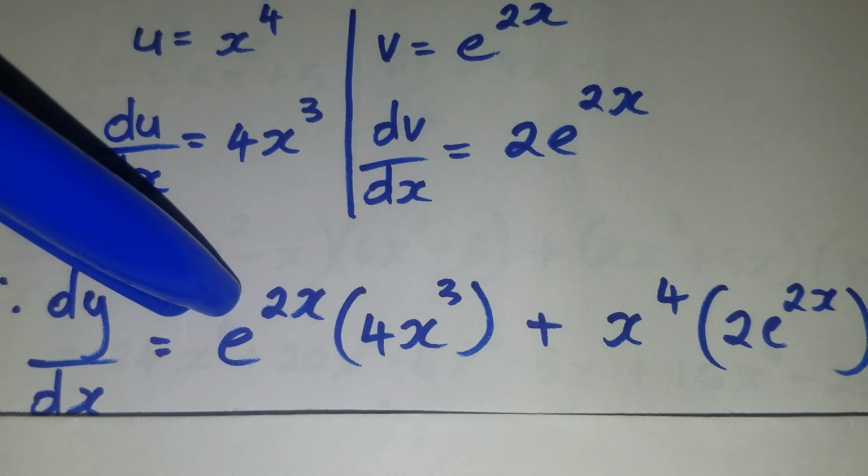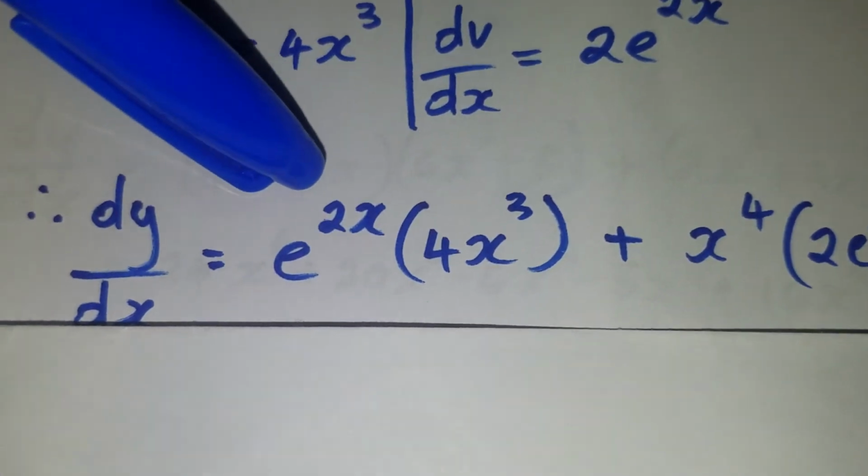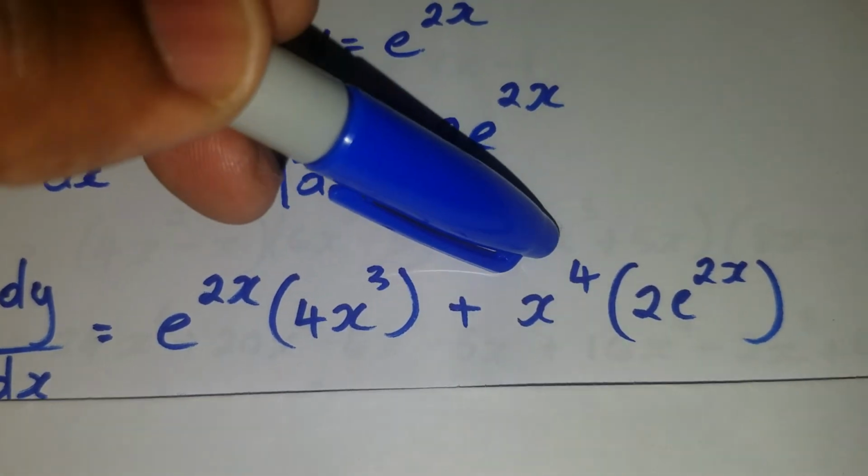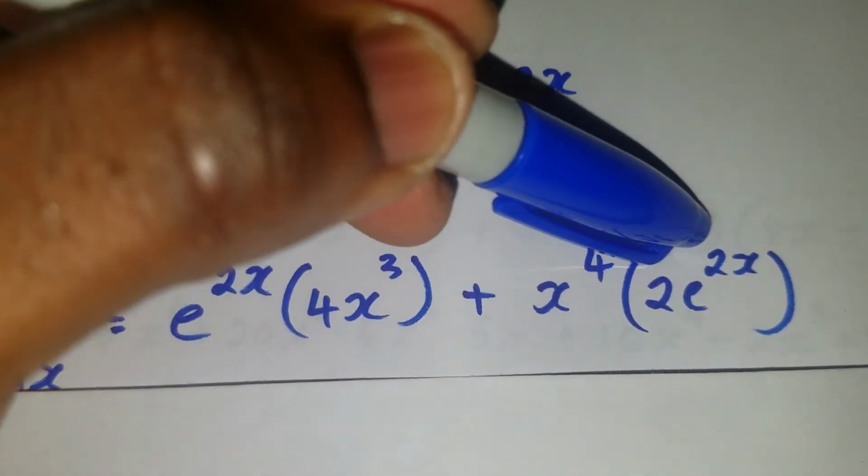So this would be v multiplied by du dx plus u multiplied by dv dx.